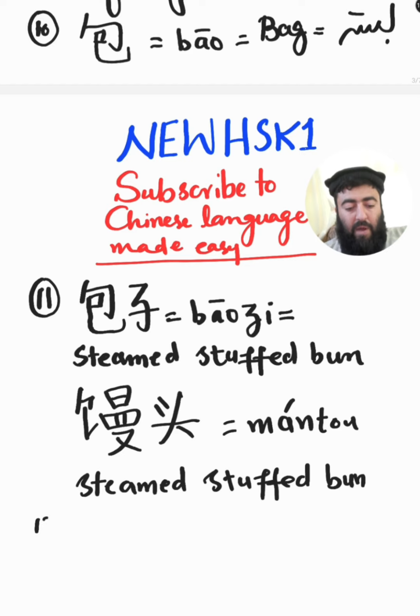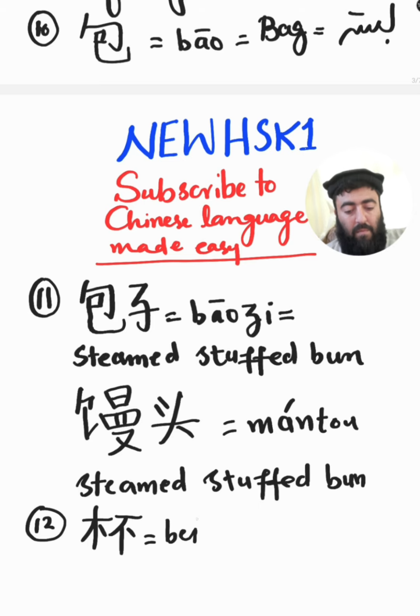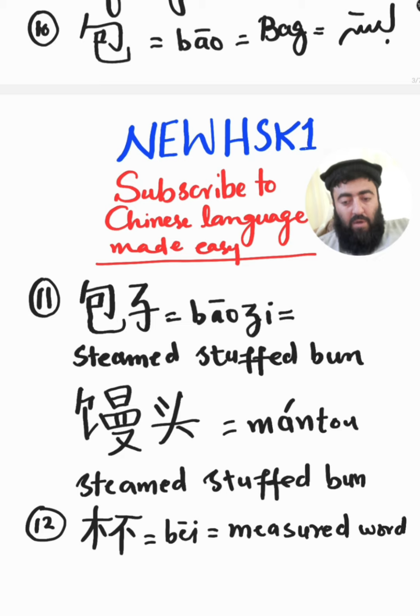Word number 12 is a measure word. I'm going to write it for you. Bēi. It's a measure word, a classifier in Chinese language, and it is used for counting. If I say a cup of tea, how will I say it in Chinese language?